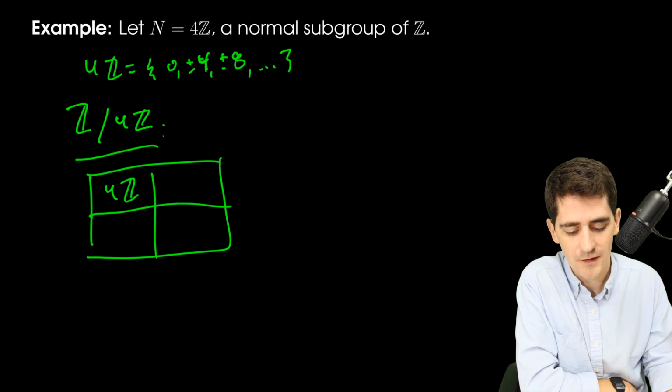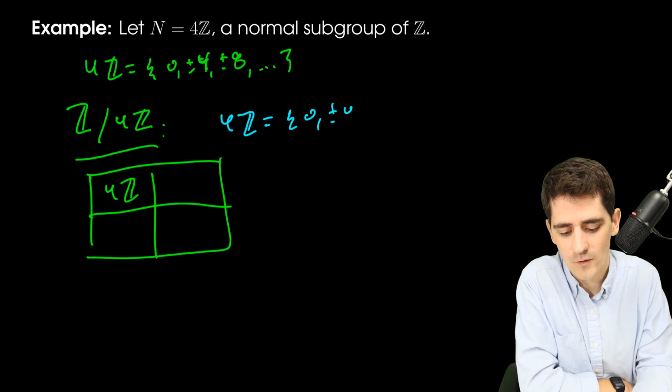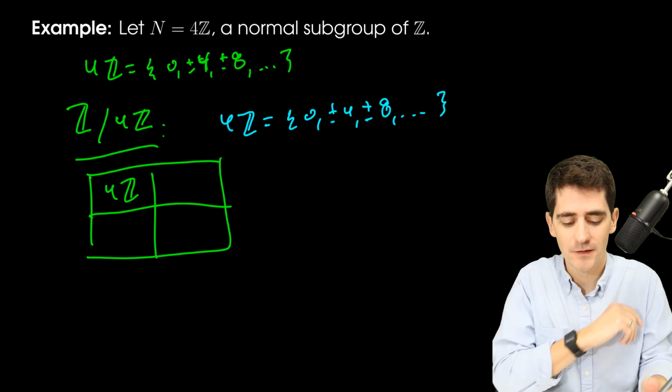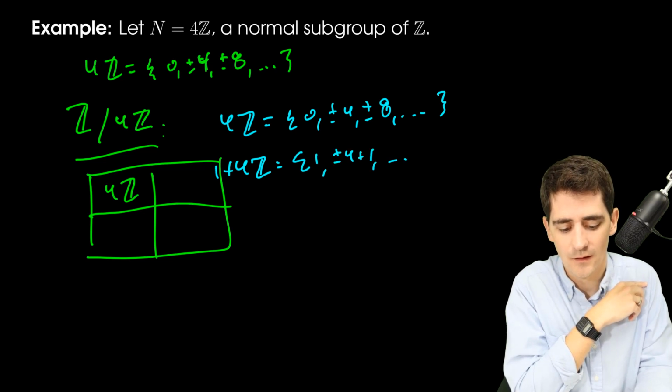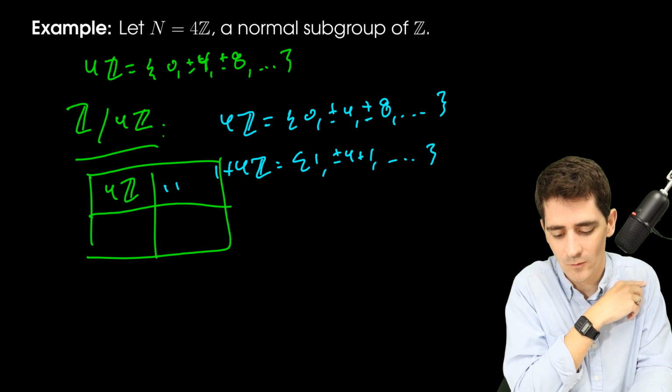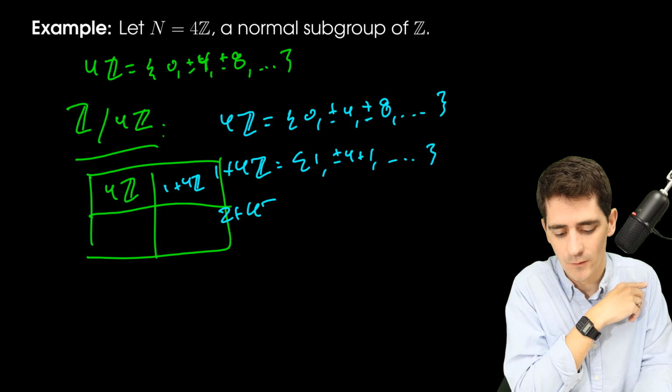Okay, so I need to start thinking about what these cosets look like. So 4Z, again, are the multiples of 4. So I've got to figure out what the other cosets look like. I could, for example, say 1 plus 4Z. And so I end up with 1, and then plus or minus 4 plus 1, and so on. I could also do 2 plus 4Z, and I could do 3 plus 4Z.